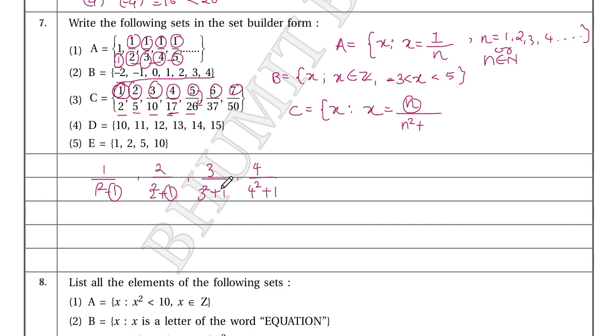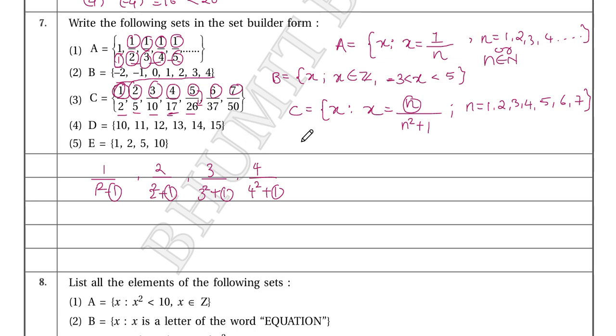So n square plus 1. So this is the pattern. Now we'll write which values n is taking. Here it is not an infinite set, only finite. So n is taking only 7 values, 1 to 7. So we can write n is equal to 1, 2, 3, 4, 5, 6 and 7. So this is our set C.